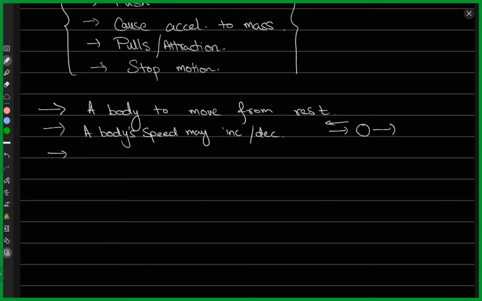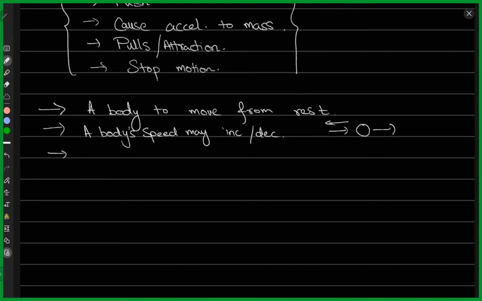Because remember, force can change velocity, its vector. Yeah. So in terms of direction, what would that mean? It would mean that it would produce a change in direction, right?